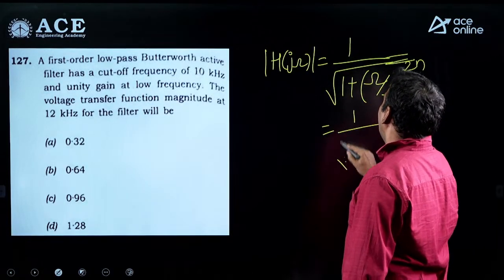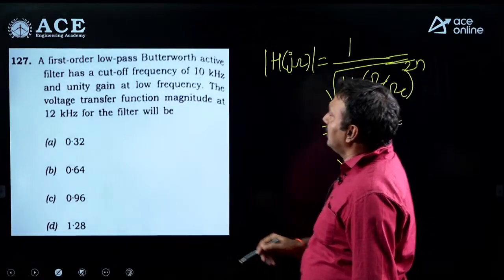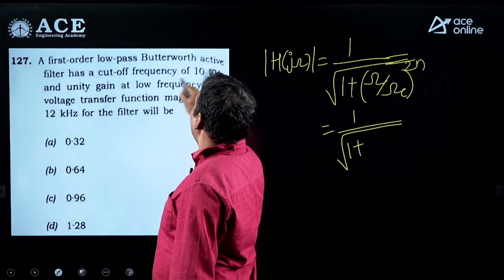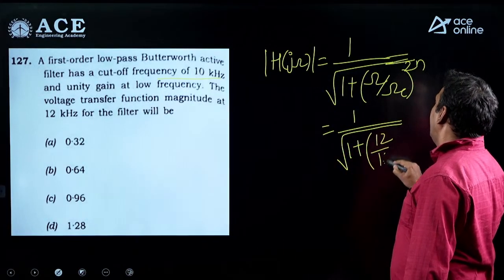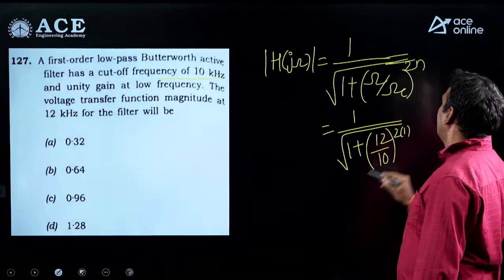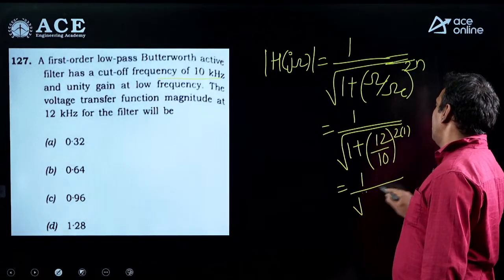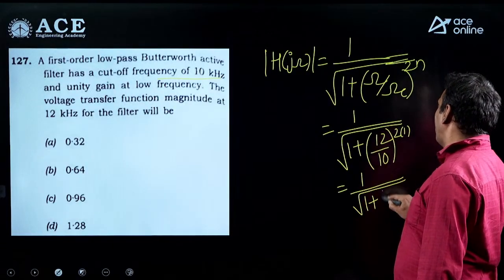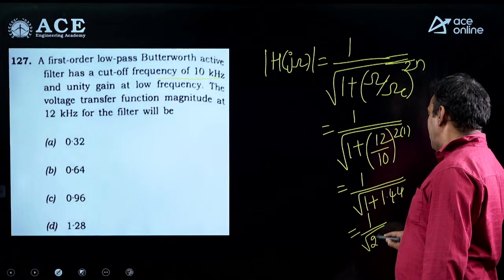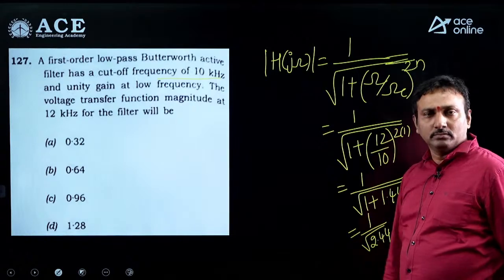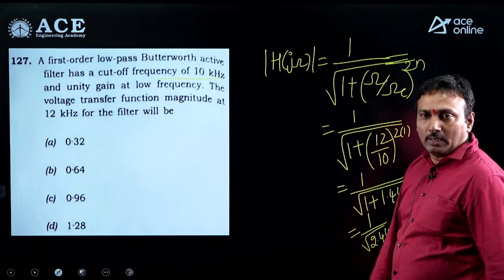What is the omega number given? Omega c is known. He wants it at 12 kilohertz, cutoff frequency is mentioned to be 10. So 12 by 10, this is roughly 1.2 whole square, which means 1.44. Let us go for an approximated number, root of 2.44, roughly root of 2.4.